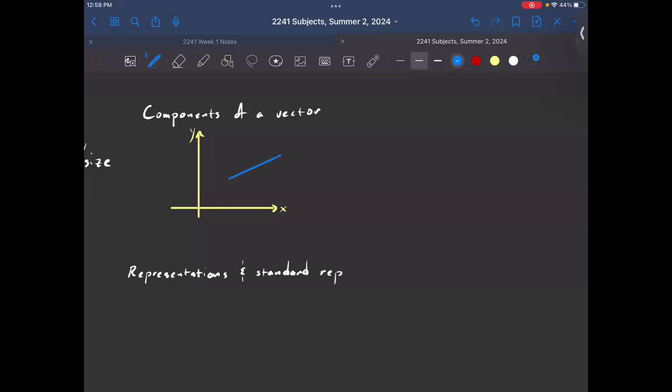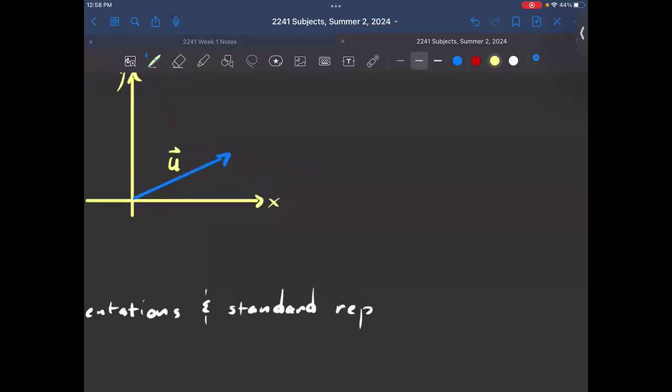We have a line here, and u starts at this point, ends at that point. And we say, all right, well, remember that we can move vectors around, so we don't actually care all that much about these points.